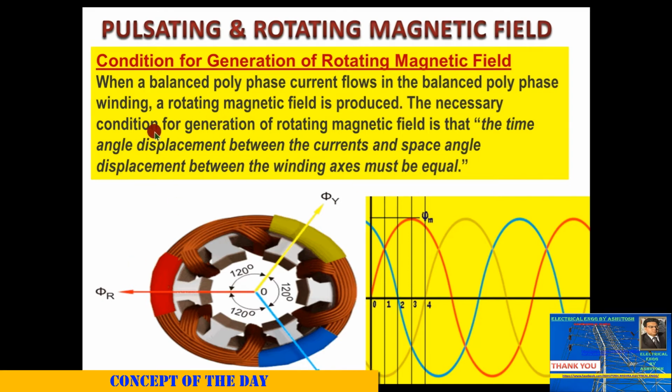This is the necessary condition for generation of a rotating field. The time angle displacement between the currents and the space angle displacement between the winding axes must be equal. That is the important condition for generation of a rotating magnetic field.